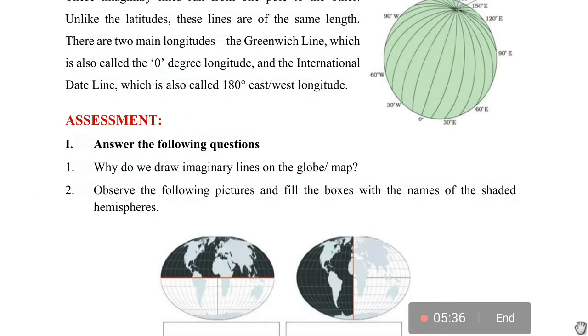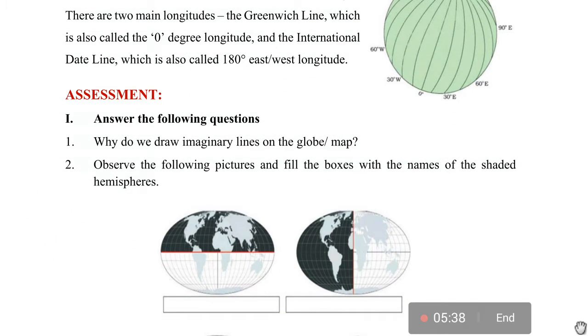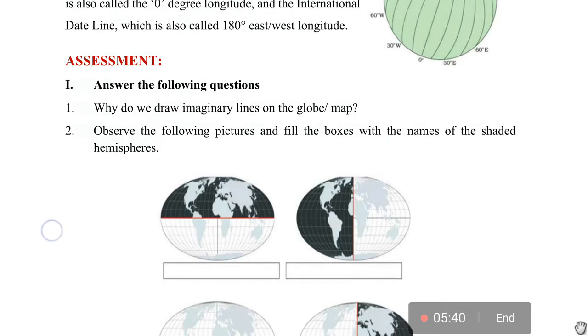Now we see the assignments given by the government of Telangana. Why do we draw lines on the globe or a map?